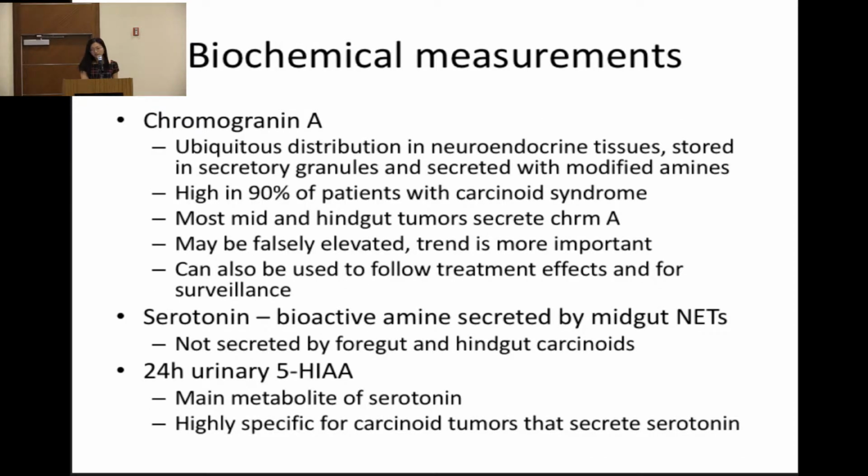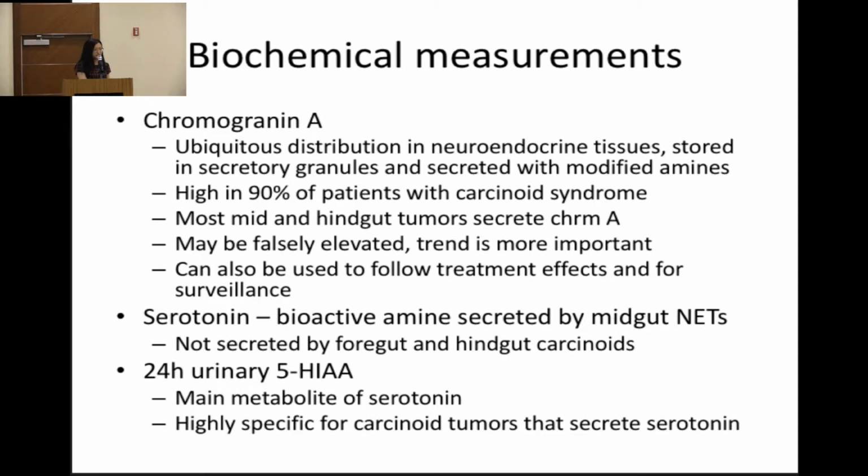In terms of biochemical measurements, NCCN guidelines recommend measuring these secretory substances in patients with suspected symptoms. Chromogranin A is ubiquitously expressed in neuroendocrine tissues.